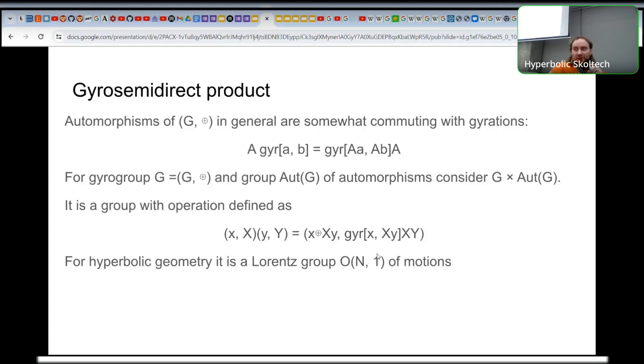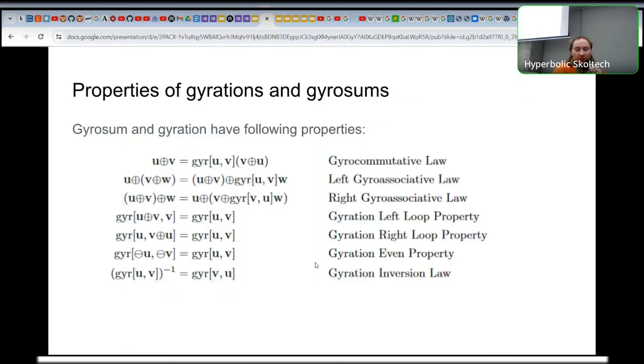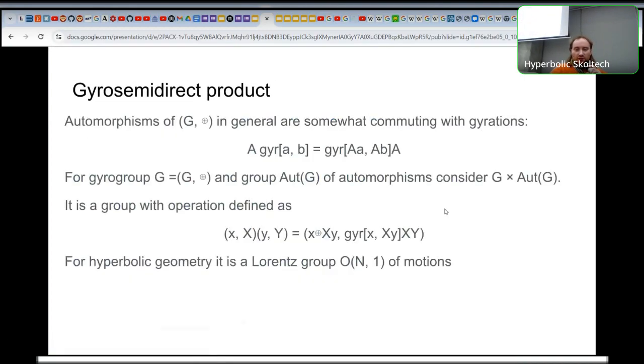And for our case, this is actually set in this axiomatic system, if you take this as an action. So we can define the semi-direct product on G times this group of automorphisms.